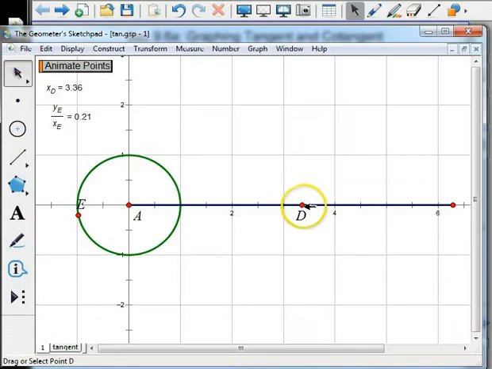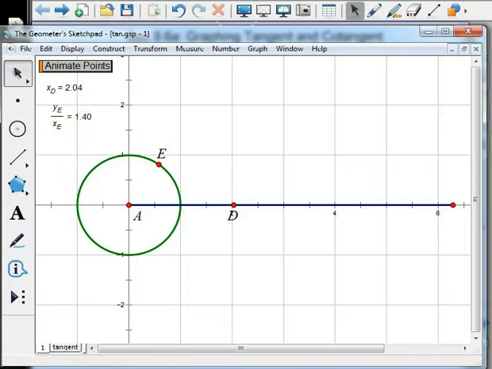And I've got point D moving along the x-axis, and there is the x-coordinate of D measured. I have point E moving around a circle here, and what I've done is I've calculated the ratio of E's y-coordinate to its x-coordinate.